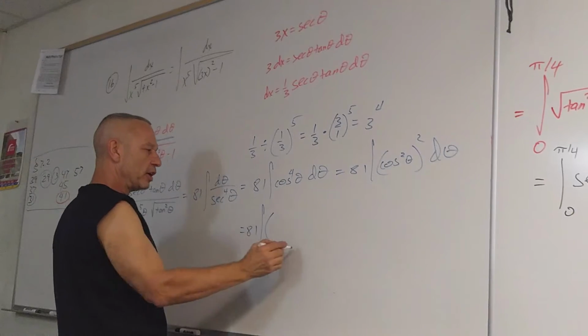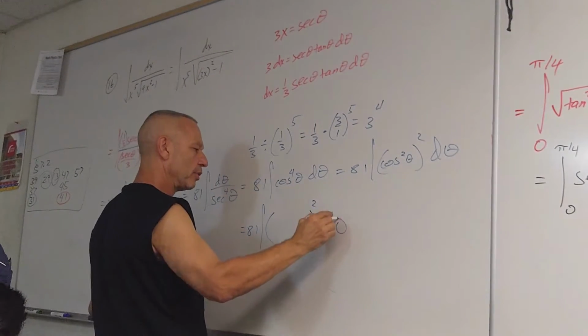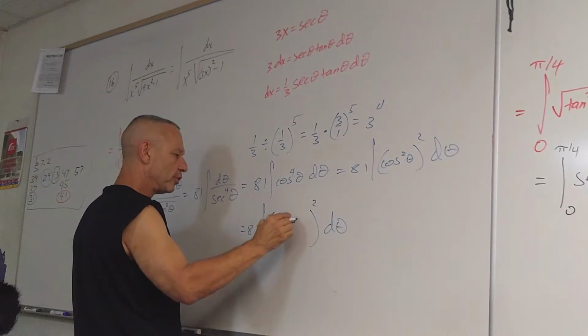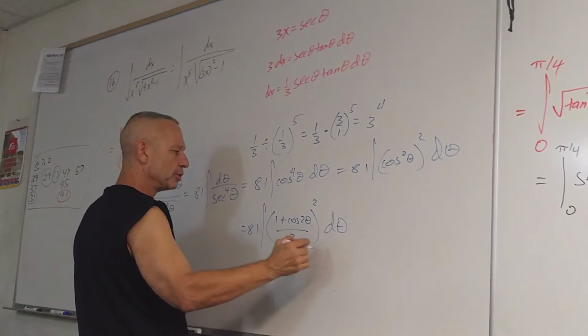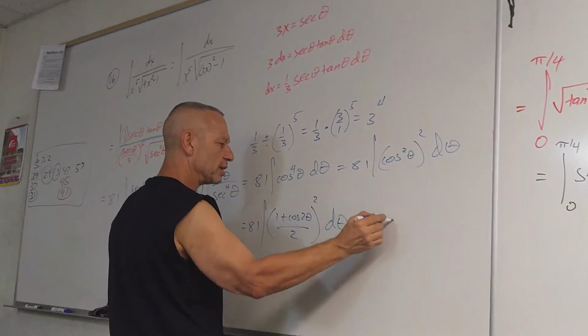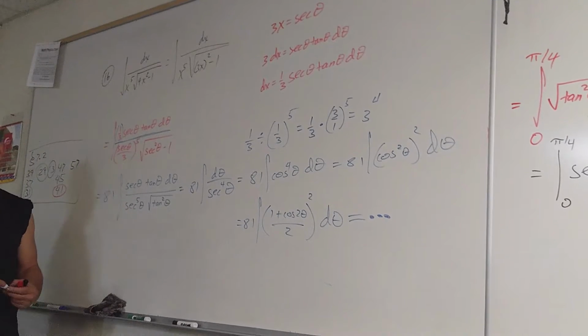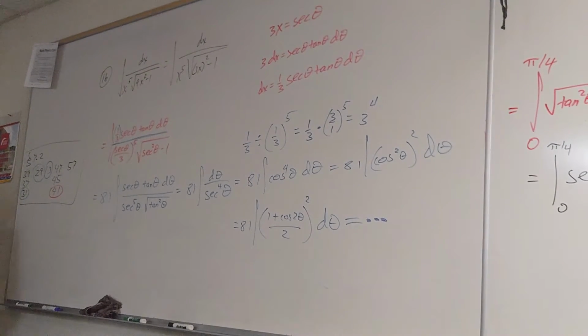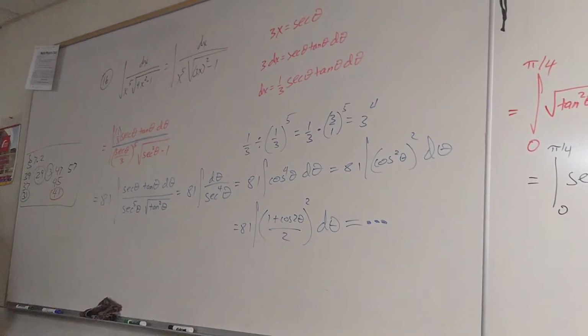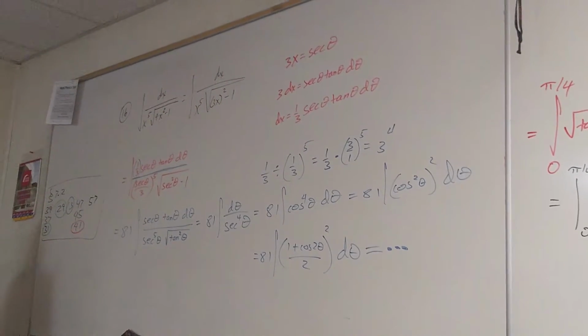And we're going to rewrite cosine squared as 1 plus cosine 2 theta over 2. And I'm just going to put a dot, dot, dot, because hopefully you can finish that now. So those are the horrors that you're up against in 7.3.